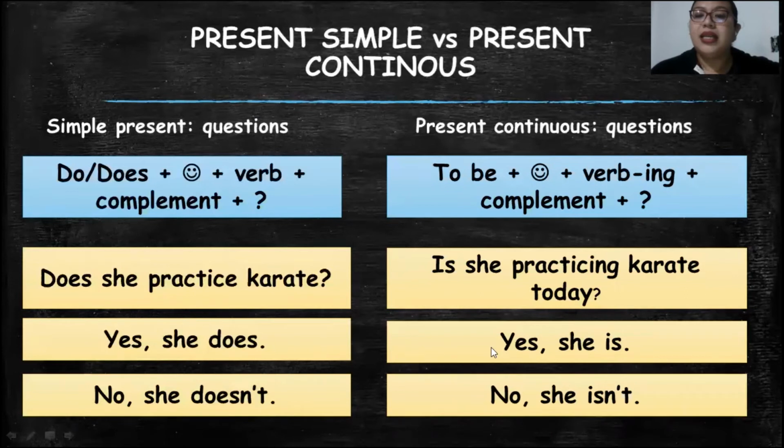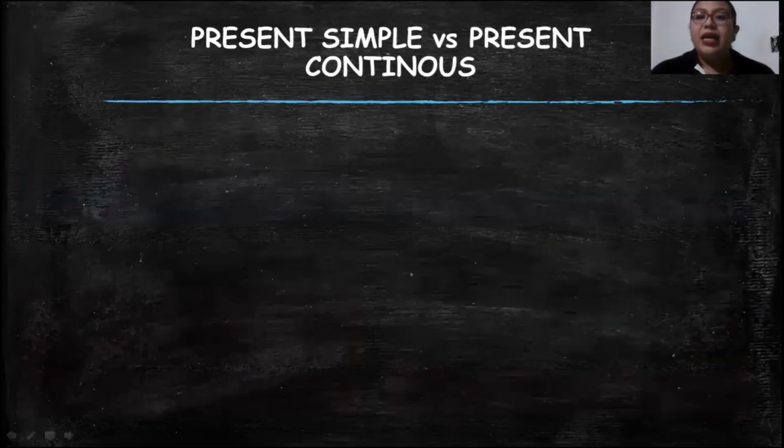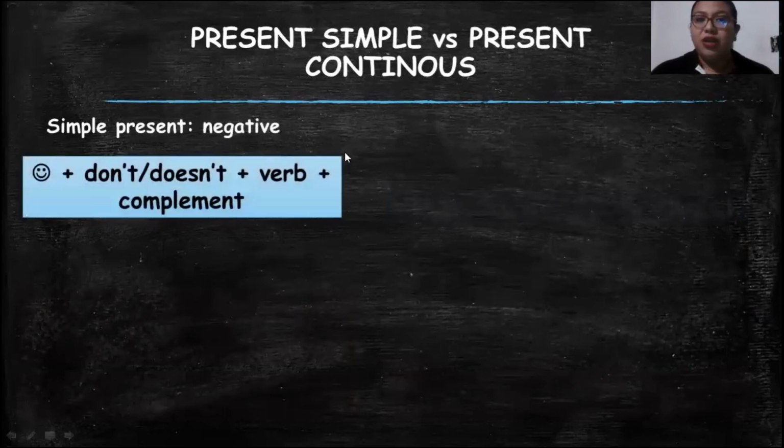Notice that the answers are different because I am using a different auxiliary. Okay, so you need to be very careful when you are asking these kinds of questions because the auxiliaries are totally different. Okay, now we already remember the structures, okay? Well, let's check the negative, okay?